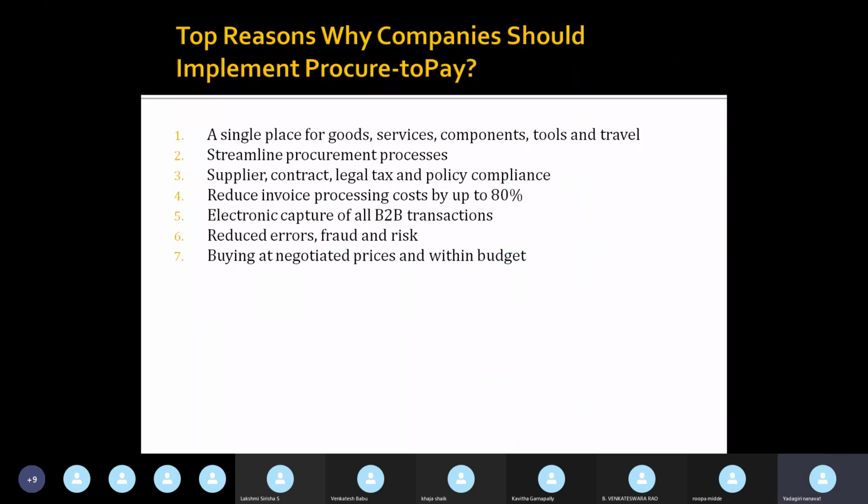Buying at negotiated prices and within budget. When we maintain a good relationship with the suppliers, we can negotiate our prices, and depending on the company budget for that particular product, we will negotiate and buy it. And improve supplier relationships.